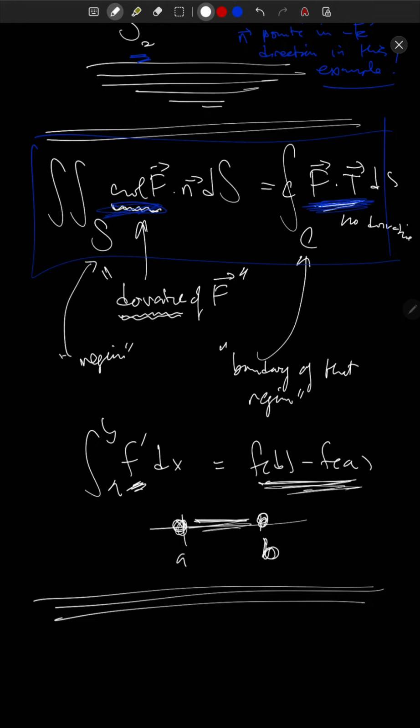I guess our book likes to put the little circle there. So super useful, super interesting. Our next and last section is going to be the divergence theorem. So in a way, we'll have two different extensions of Green's theorem, one for each of the two versions of Green's theorem.